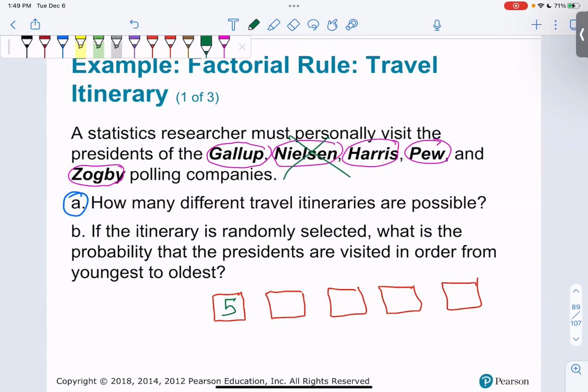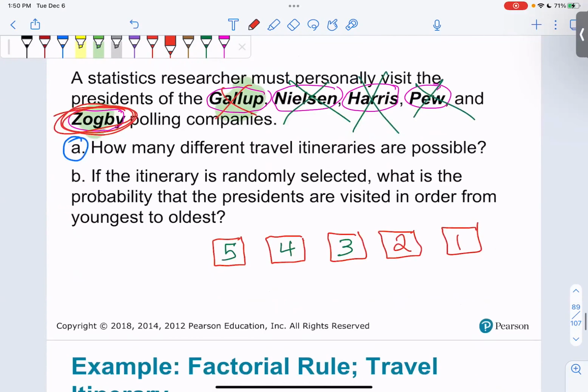So for the second visit, how many choices does he have? 4. Imagine that he did this one, and then 3, and then for the next one he has those 2, right? Imagine that he chooses this, then it will be 2, right? And then for the last visit he has to go to this one, which is 1. So this is equal to what? 5 factorial, right?